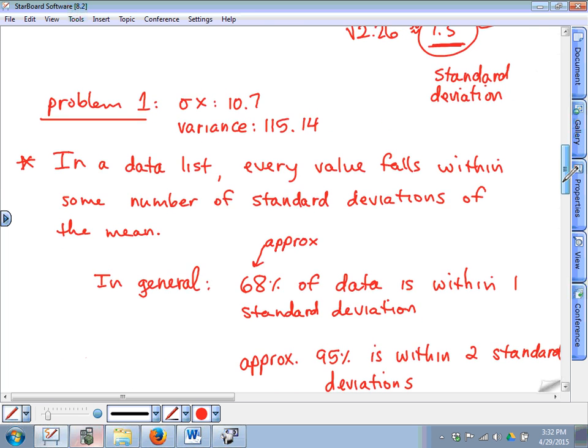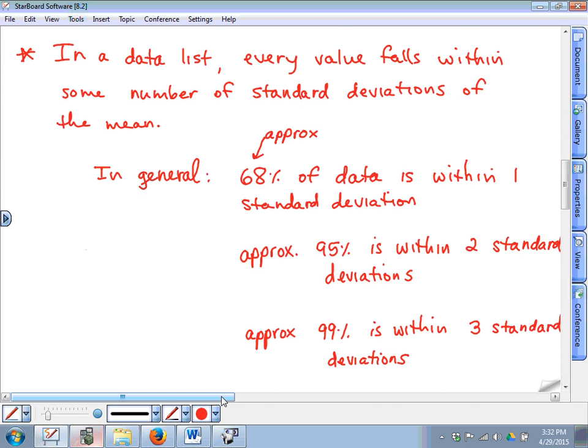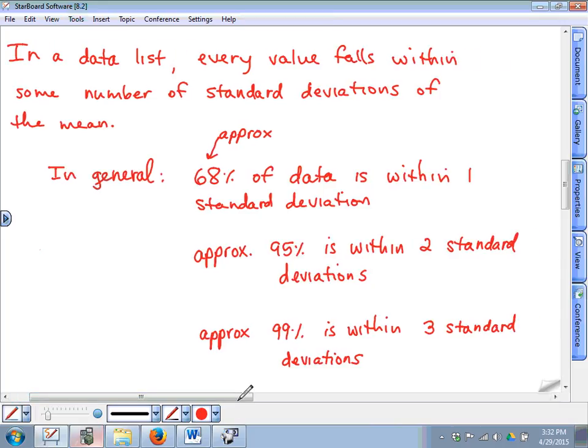So something you need to write down here. In general, approximately 68% of all data in any list falls within 1 standard deviation.